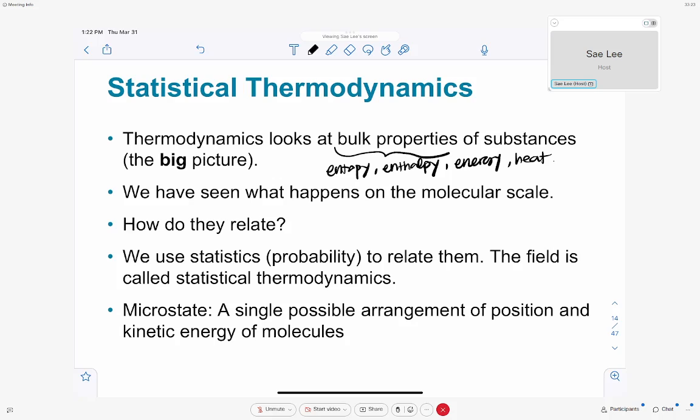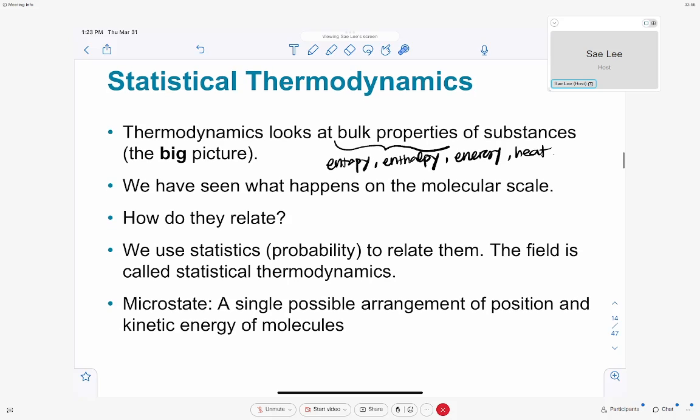So how do these macroscopic properties and the molecular scale relate? To connect the macroscopic and microscopic descriptions of matter, scientists developed statistical thermodynamics. In this statistical approach, we use statistics or probability to link the microscopic and macroscopic world.